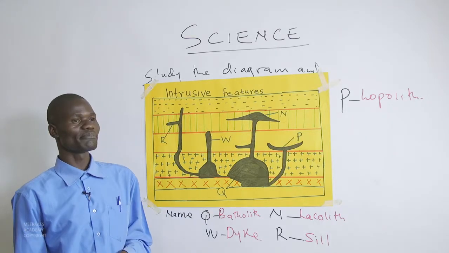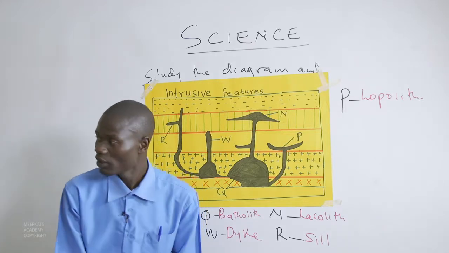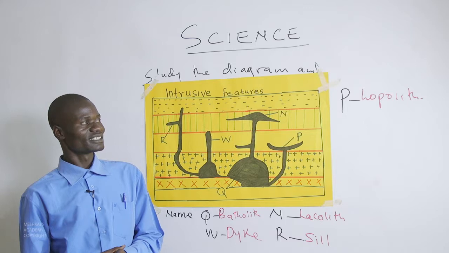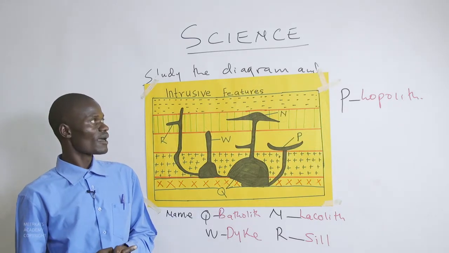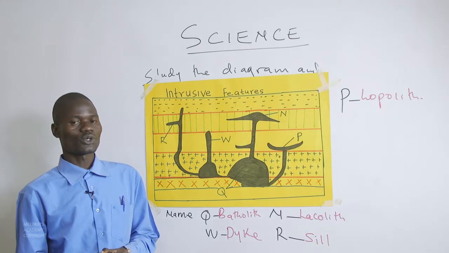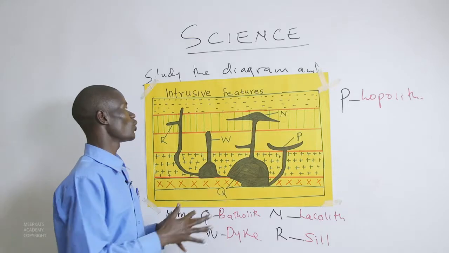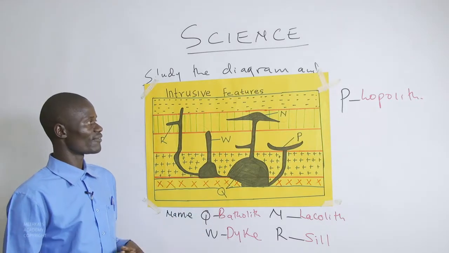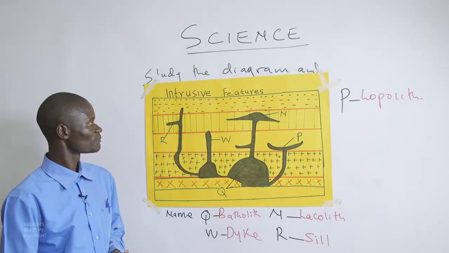Therefore, it is quite important that we have been able to discover such features that are intrusive landforms after looking through their significance. This is how intrusive features may be formed, and they are found beneath the earth crust.